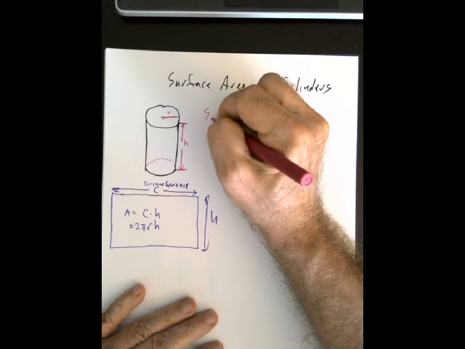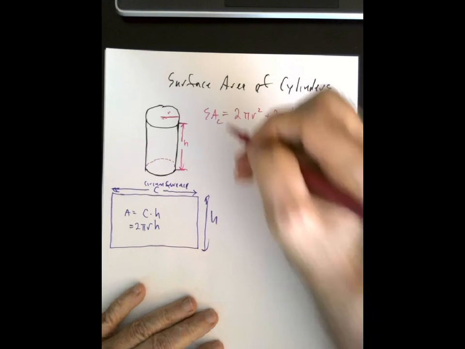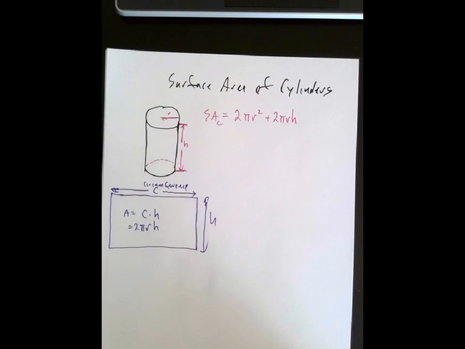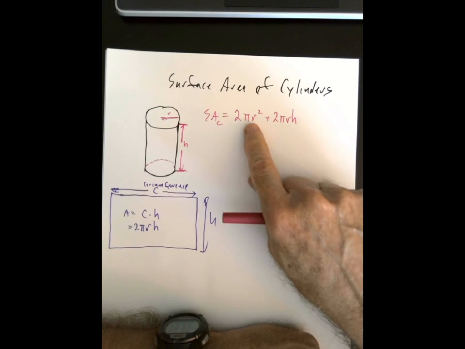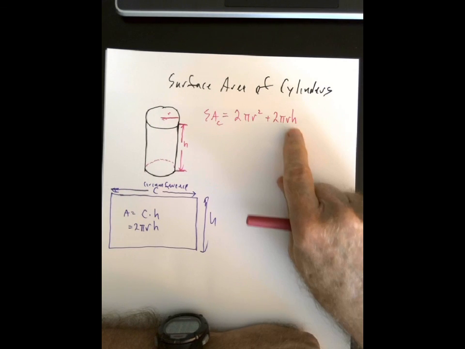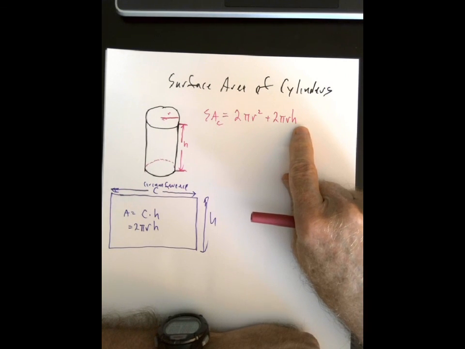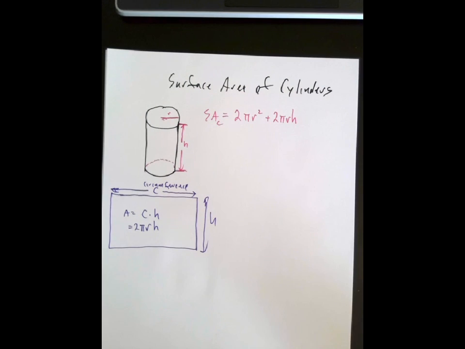So this is the surface area formula for a cylinder. And it's probably about the most complicated formula we're going to have. Okay? So you need to know 2 things. You need to know the radius, and you need to know the height. Okay, does that make sense? Okay, good. So that's how we get the surface area formula for a cylinder.